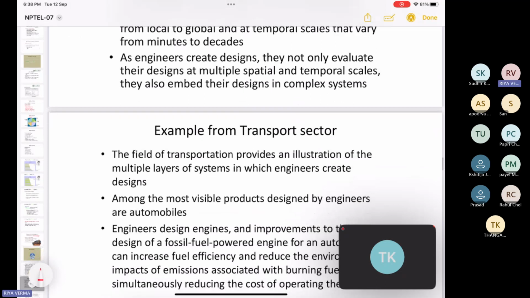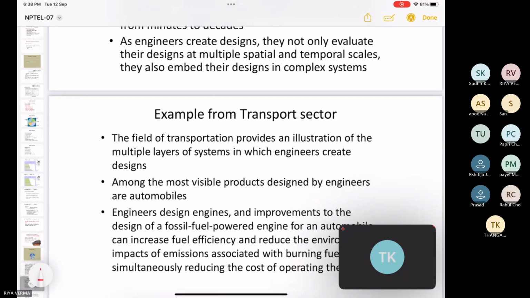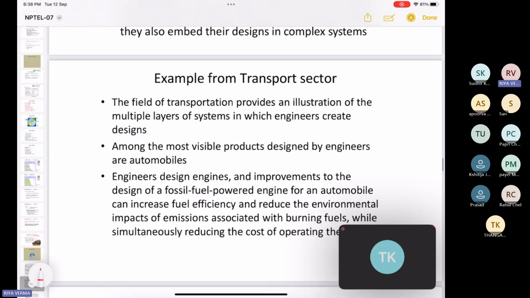So this is an example from the transport sector. The field of transportation provides an illustration of the multiple layers of systems in which engineers create designs. Among the most visible products designed by engineers are automobiles, and engineers design the engines. Improvements to the design of a fossil fuel powered engine for an automobile can increase the fuel efficiency, and thus reduce the environmental impact of emissions associated with the burning of the fuels.